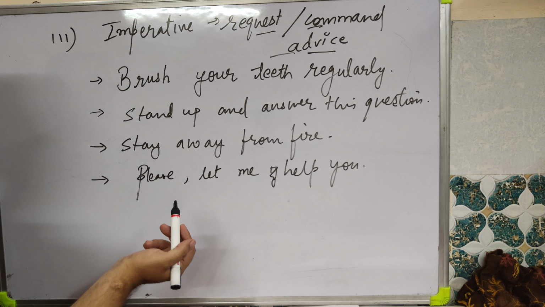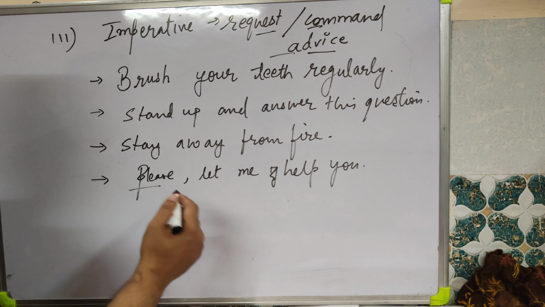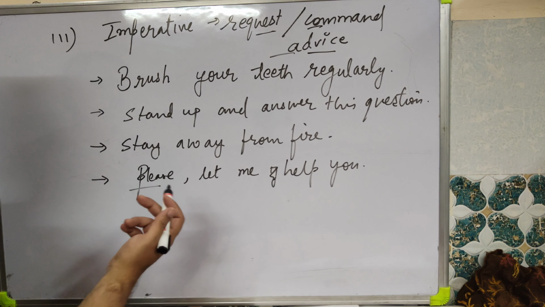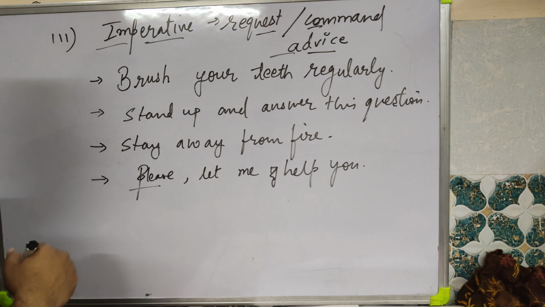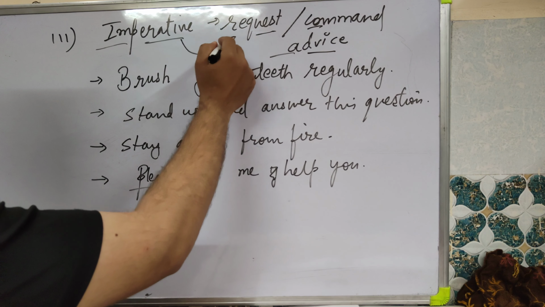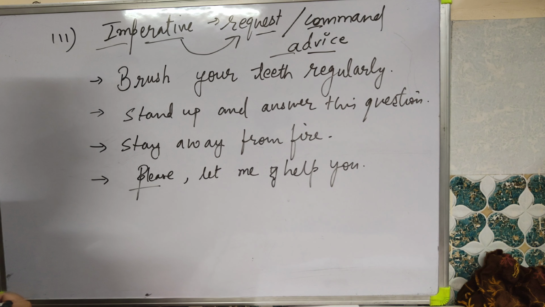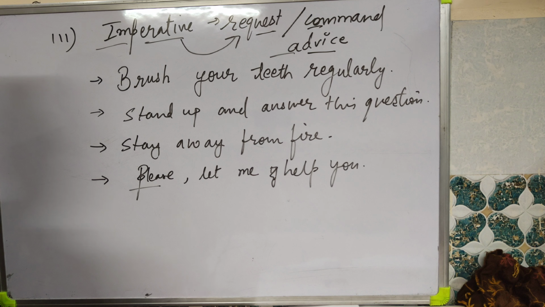Okay, now this one is again a request, or you can say kindly help me, please help me, whatever you want, you can generate a sentence, and these kinds of sentences are known as imperative. So the imperative sentences are like request, command, or advice, which gives the details like what kind of sentence it is.